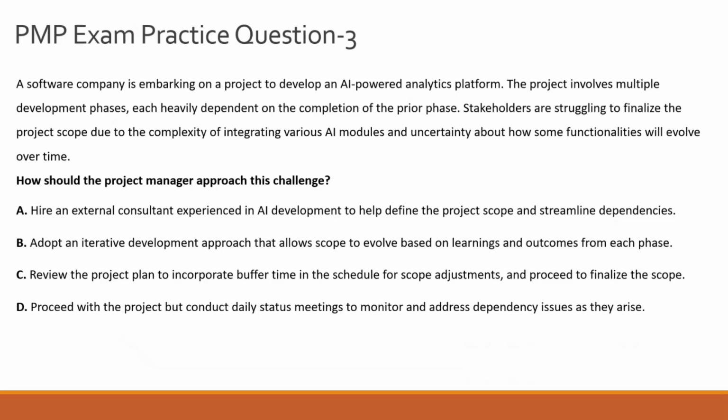Now, while hiring a consultant might provide expertise and facilitate scope definition, it is not the best choice for two reasons. Firstly, this approach can bypass the internal stakeholder involvement, which is critical for ensuring that the scope of the project remains aligned with the organizational goals and the specific needs of the project.